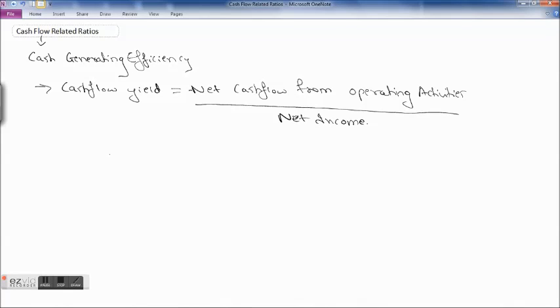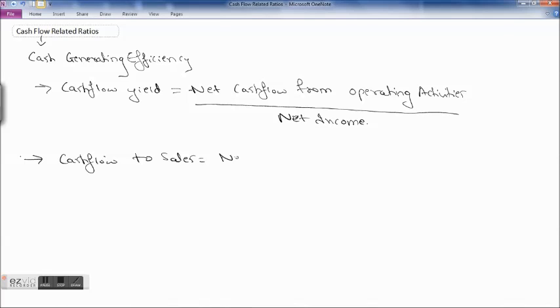Then there is one more ratio, cash flow to sales. It is a ratio of net cash flows from operating activities to sales.